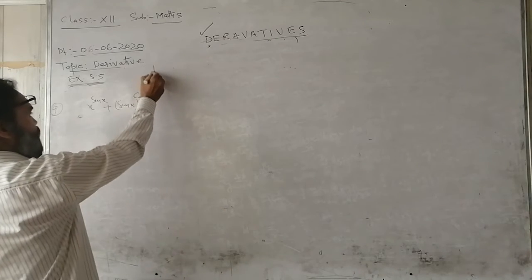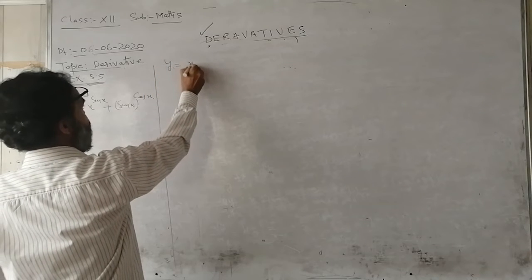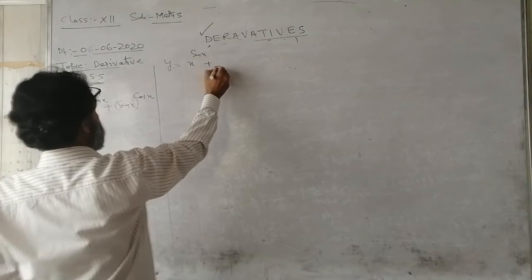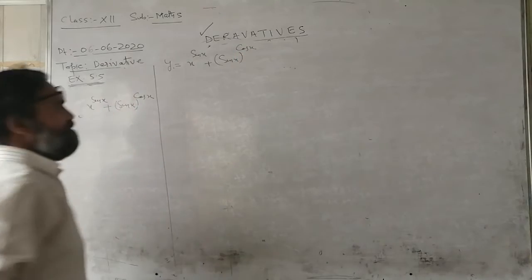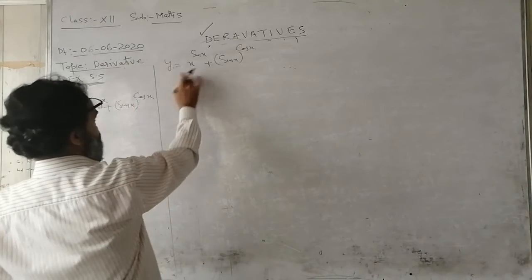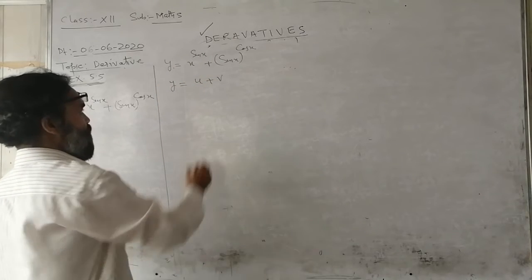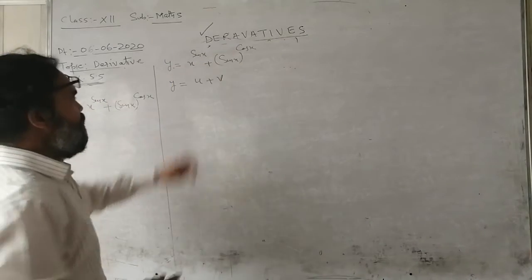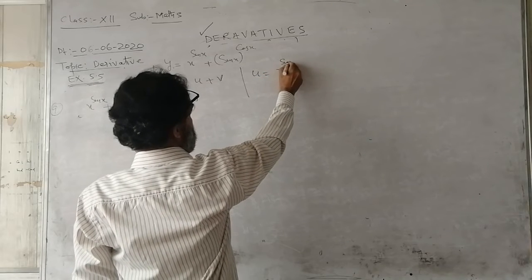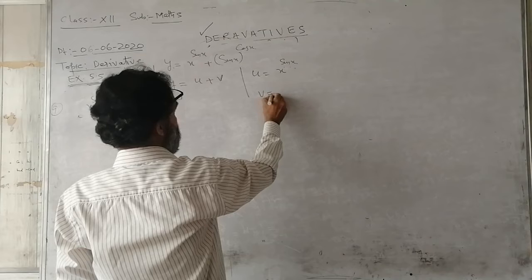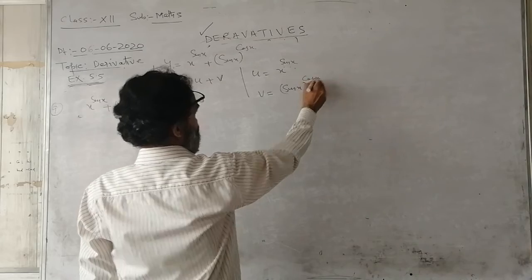So let the given function equal y. I can write this as y equal to u plus v, where the value of u is x raised to power sin x and the value of v is sin x raised to power cos x.